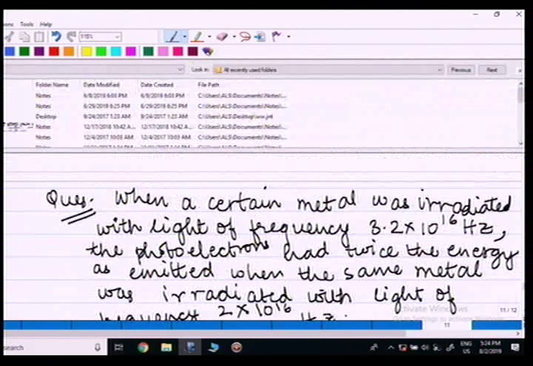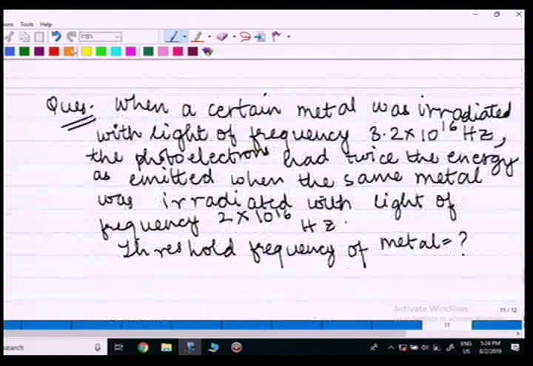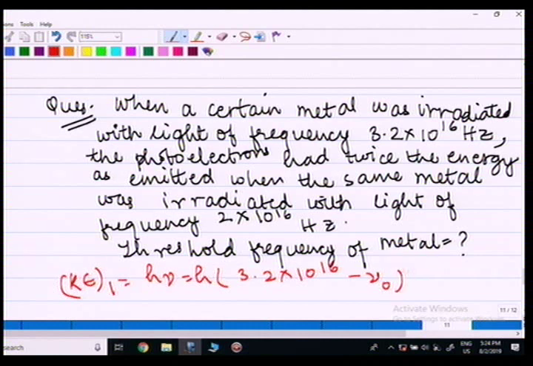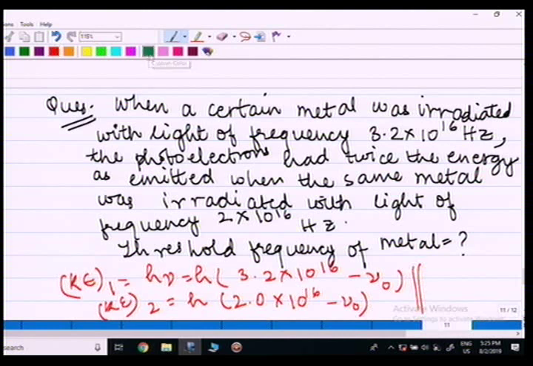Just giving a hint, you will have kinetic energy for the first case as h nu minus h nu naught, where nu naught is basically the threshold frequency, and kinetic energy 2 will be equal to the second expression, and then you are given the relation between them.